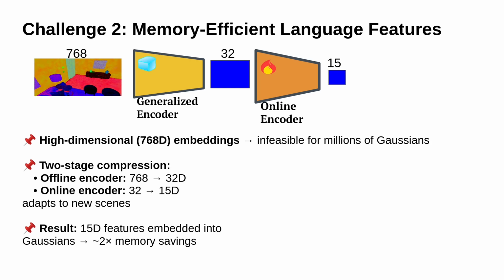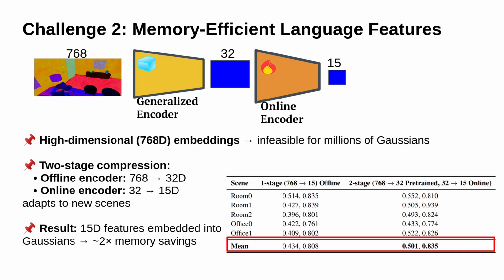In the online stage, we compress even further from 32 to 15D, which adapts to new scenes. This allows us to embed low dimensional features into Gaussians, saving memory while maintaining accuracy. Results on the right show that our two-stage approach improves overall performance compared to using a single stage.